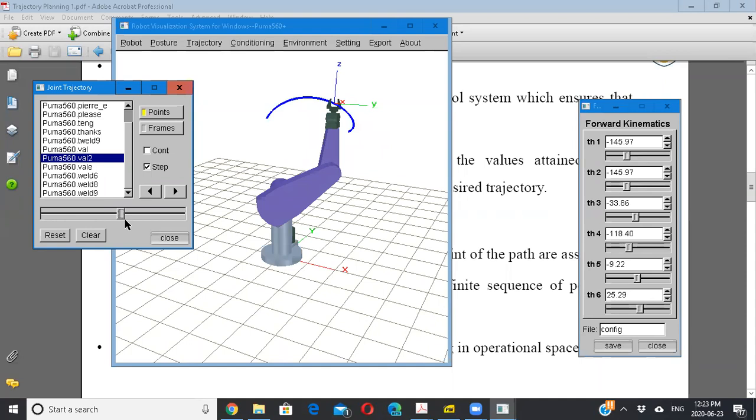Extrapolation is when you give me one point and another point, and I have to find a point beyond that. Let's say this is point number one, this is point number two, but somehow I need to find point number three, which is out of that range. Interpolation is you give me the first and the last, and I need to find something in between.